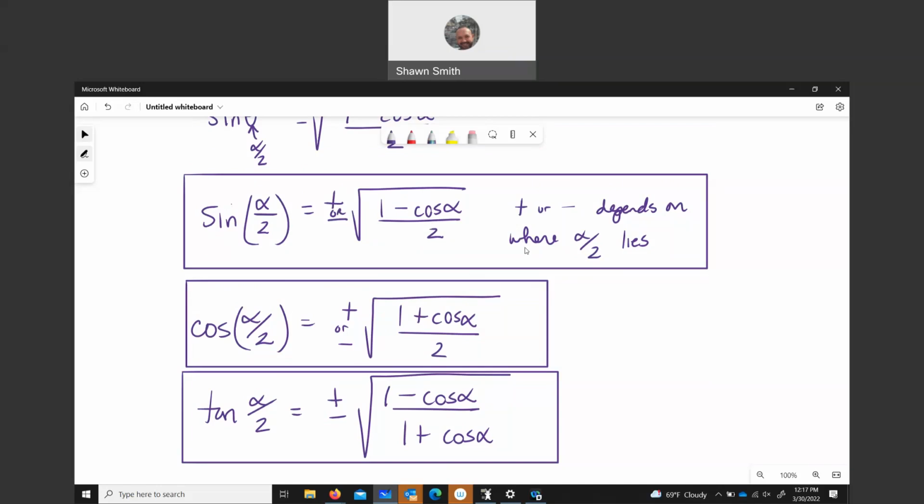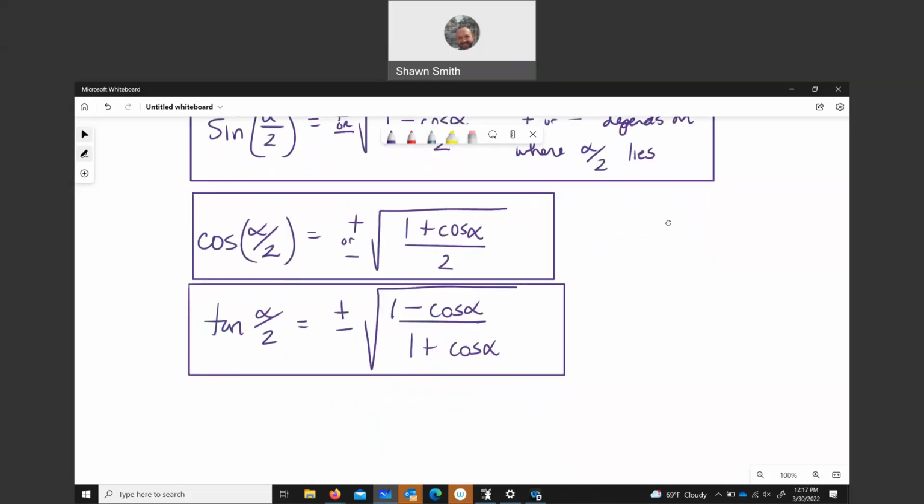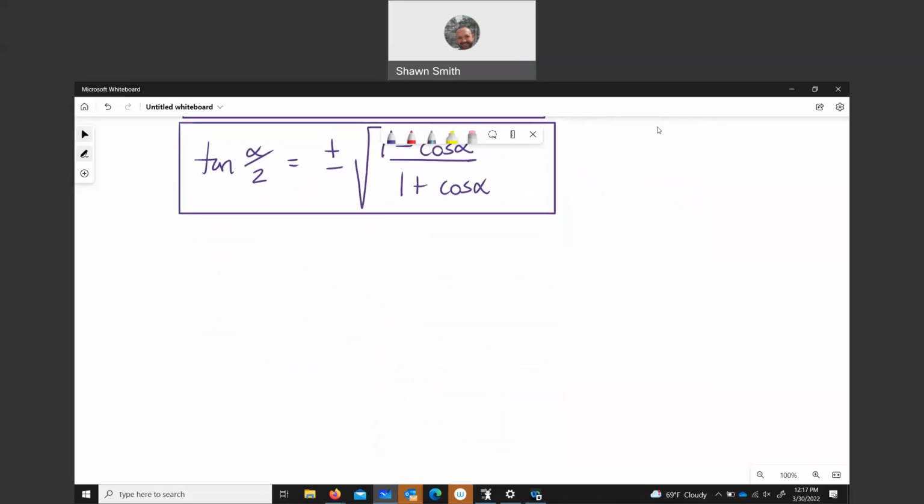So let's find the cosine, the exact value. Let's say the cosine of 15 degrees.